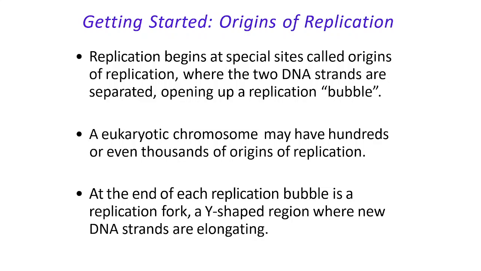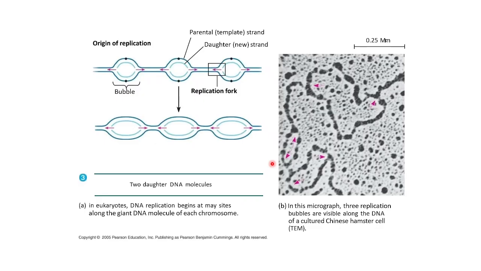At the end of each replication bubble, there is a replication fork, a Y-shaped region where the new DNA strands are elongating. You see over here there is a bubble formation, and this is a replication fork that is generated. The light colored lines are the daughter strands, and this is the mother strand.